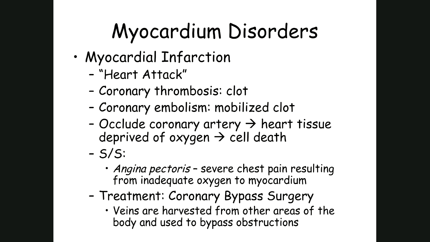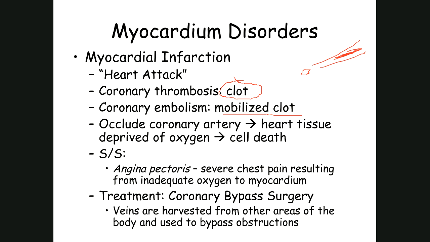Next, myocardial infarction, which in common terms is also called heart attack. So what happens here? Coronary thrombosis. Thrombosis means the clot, the clot of the blood. Coronary embolism, a mobilized clot: there may be some clot moving anywhere in the blood vessel.